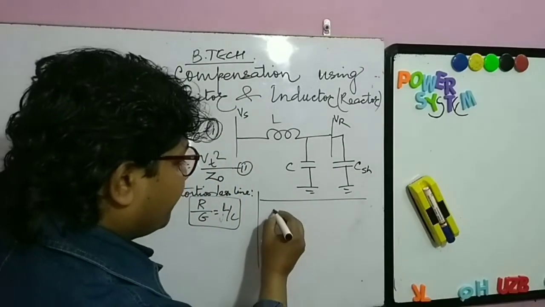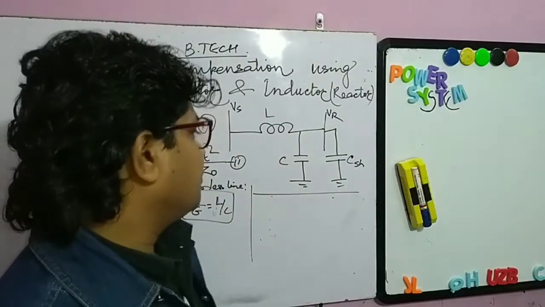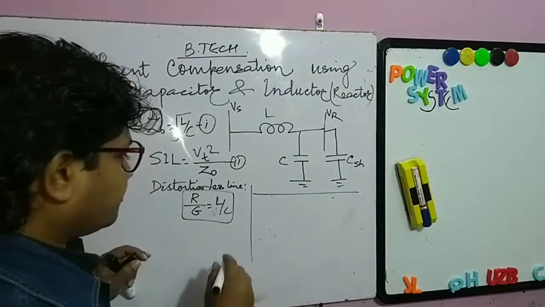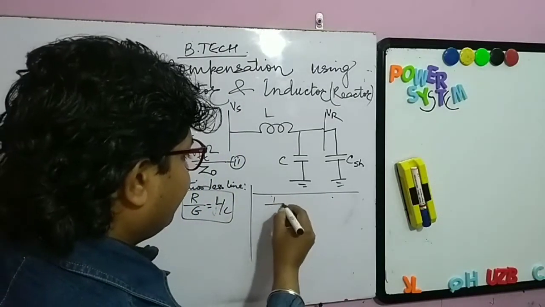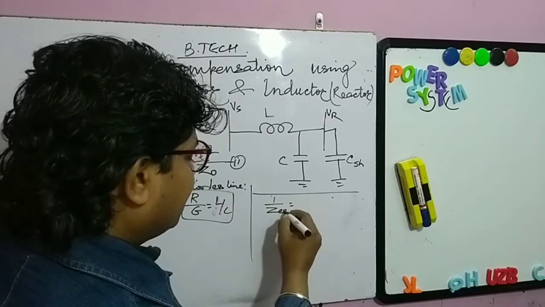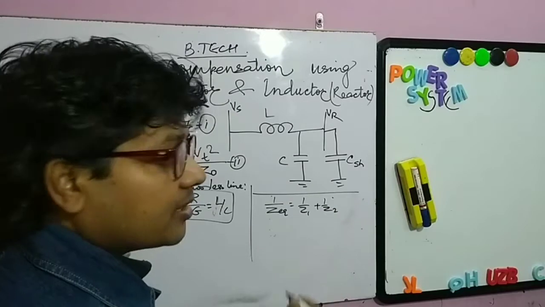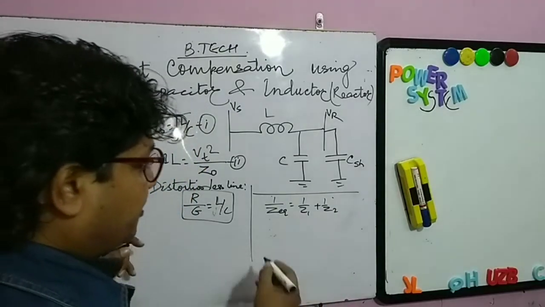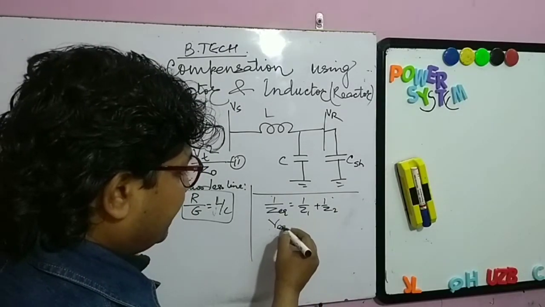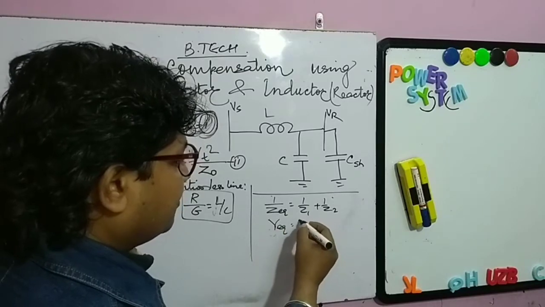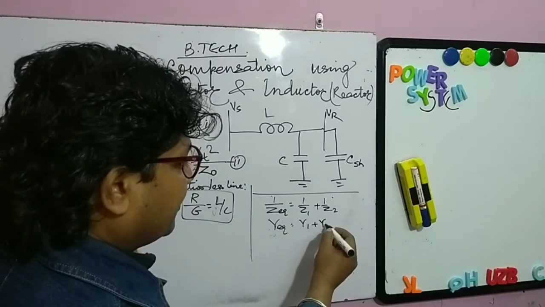So we can write 1 by Z equivalent is equal to 1 by Z1 plus 1 by Z2. This is the parallel combination of impedances. So we can write Y equivalent is equal to Y1 plus Y2.